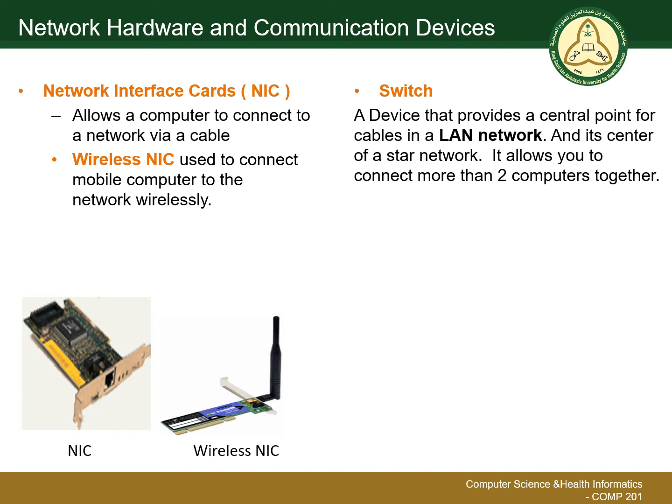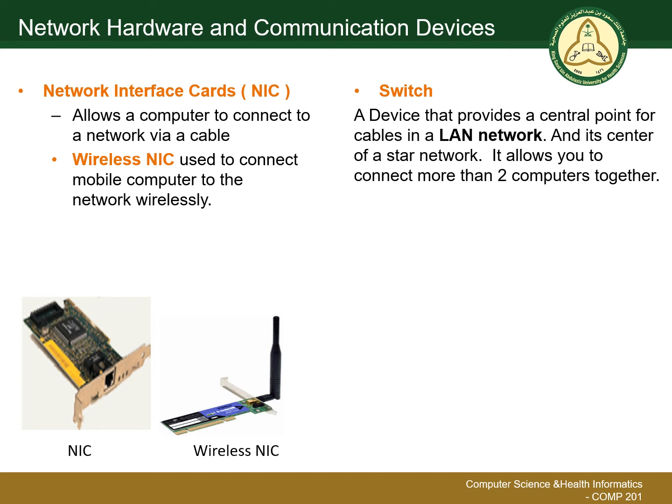The second device is the switch. As I said earlier, the switch is a device that provides a central point for cables in a local area network, and it's the center of a star network. It allows you to connect more than 2 computers together.